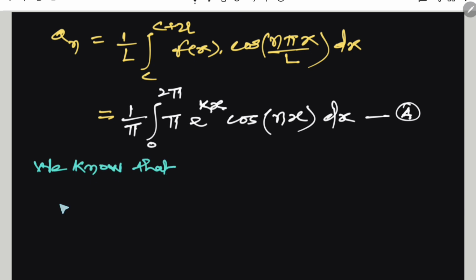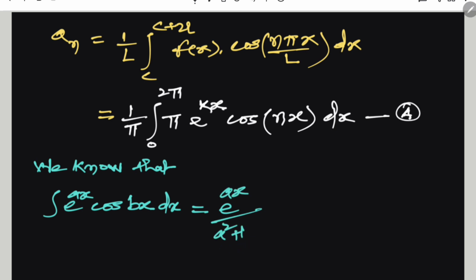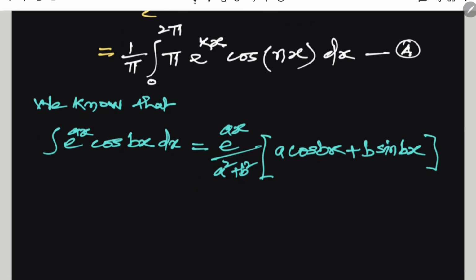And to integrate it, we take the help of this result. We know this result, integration of e raised to ax cos bx dx is e raised to ax divided by a square plus b square into a cos bx plus b sin of bx, a standard result for the integration.